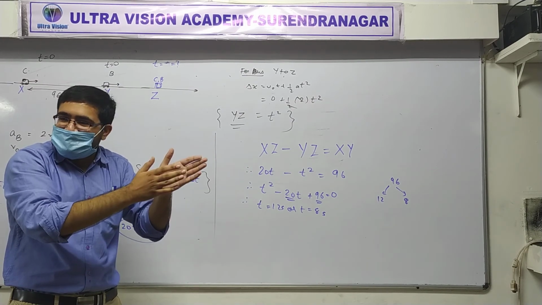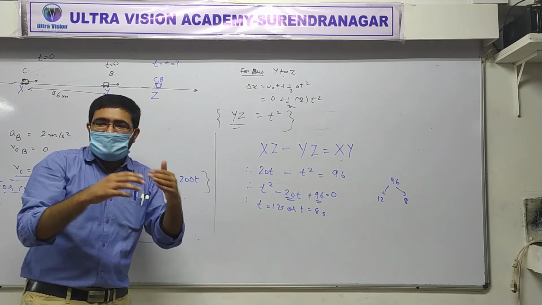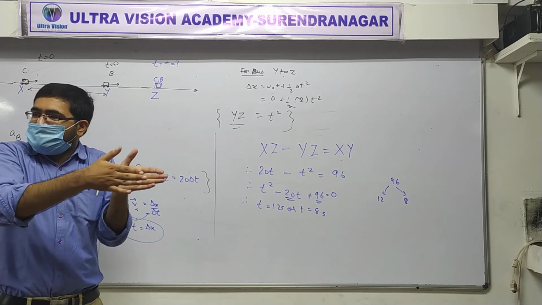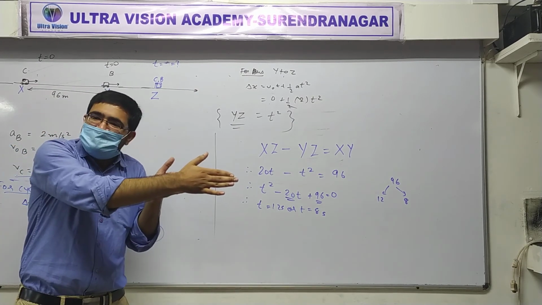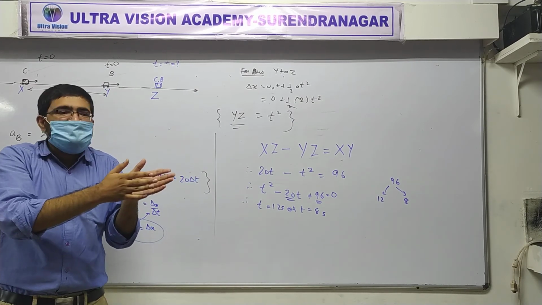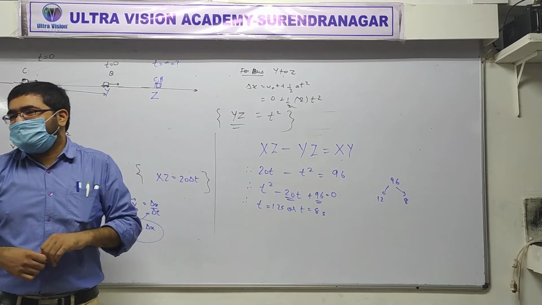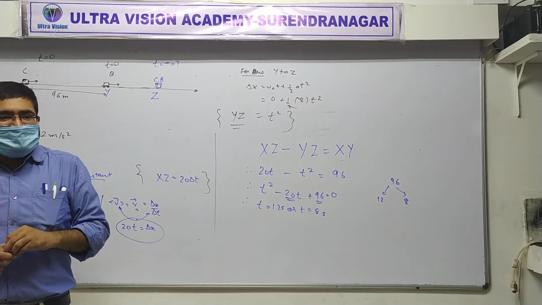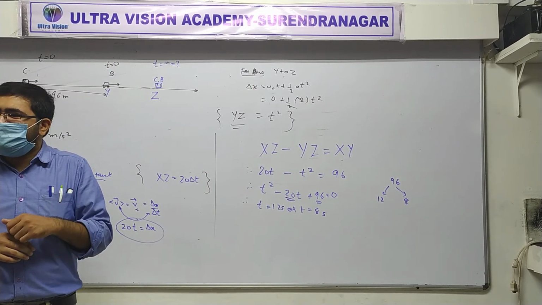Did you understand? So what we have really found is the two times after which they are together. At 8 seconds, the cycle is faster, so the cycle overtakes the bus. At 12 seconds, the bus is faster, so the bus overtakes the cycle. You understand? Have you ever seen such a thing in real life?